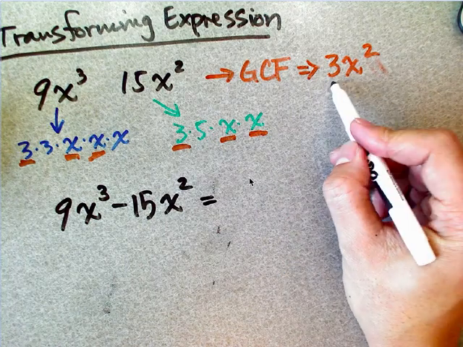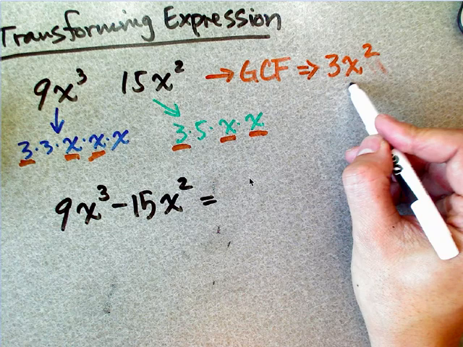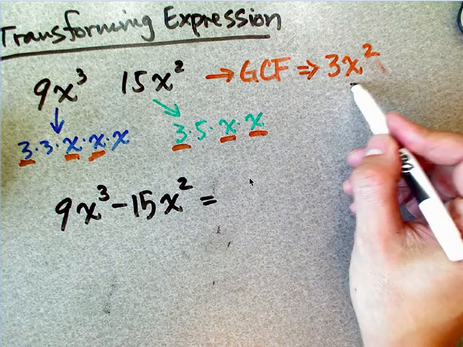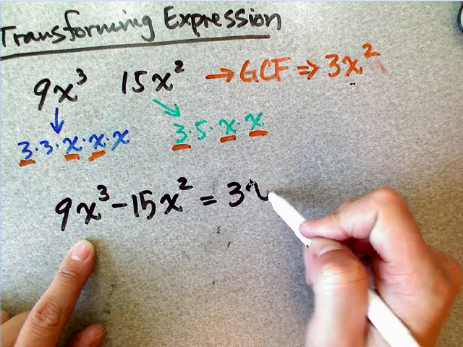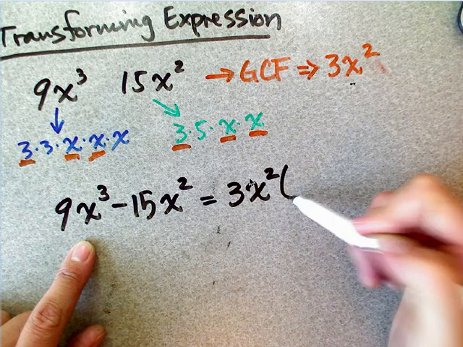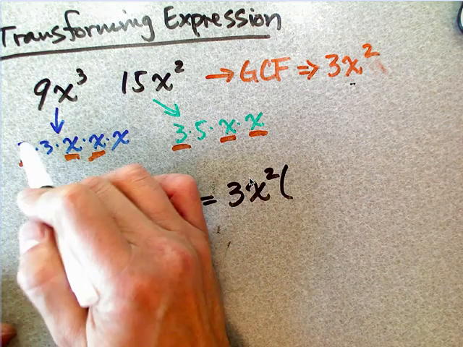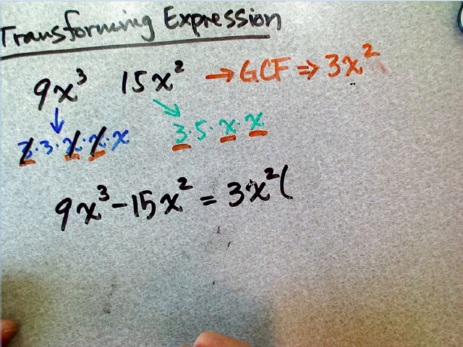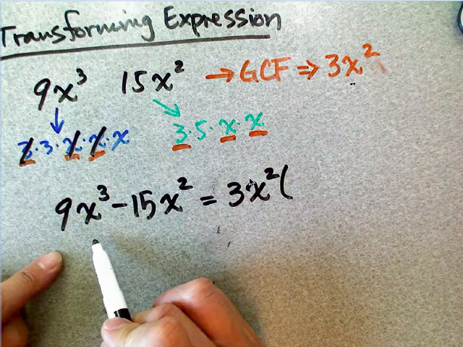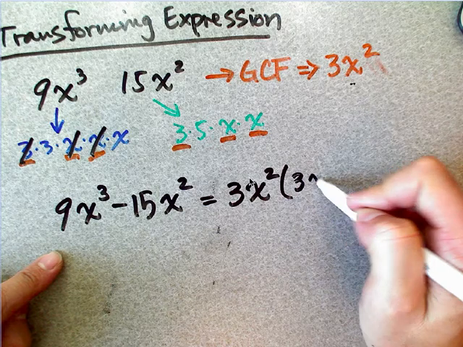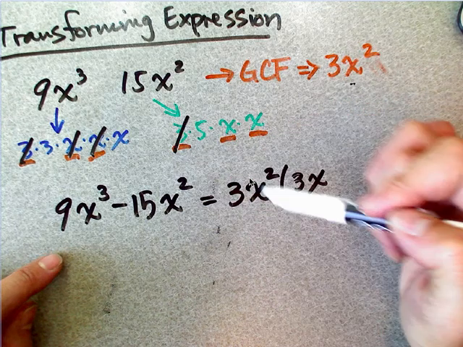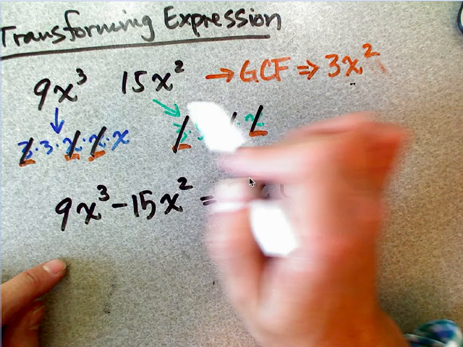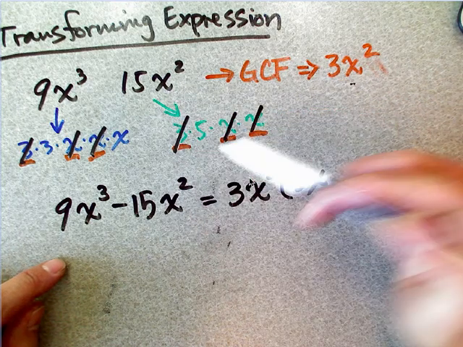So we can take out 3x squared from these two terms, because it's in common. After I take it out, what's left for 9x cubed will be 3x. And after you take out 3x squared from 15x squared, only 5 is going to be left.